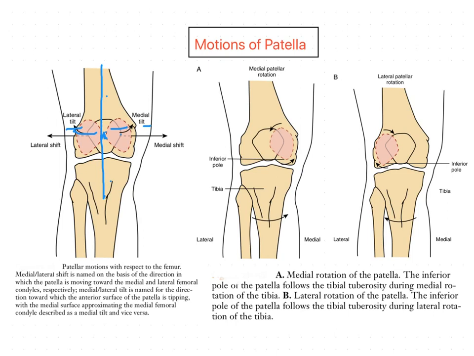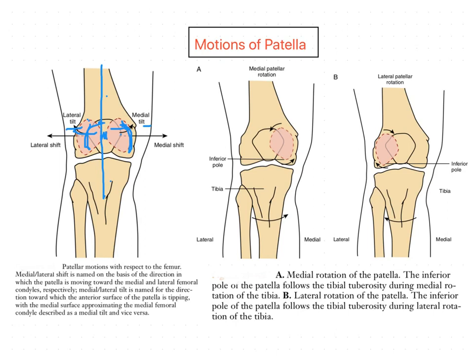The lateral patellar tilt occurs when the lateral edge of the patella approximates the surface of the lateral femoral condyle, then it is called lateral tilt. And in the case of medial patellar tilt, when the medial edge of the patella moves towards the medial femoral condyle, then it is called medial patellar tilt.